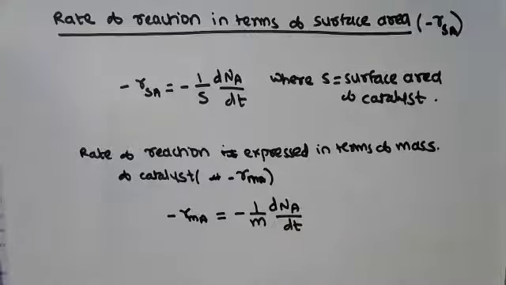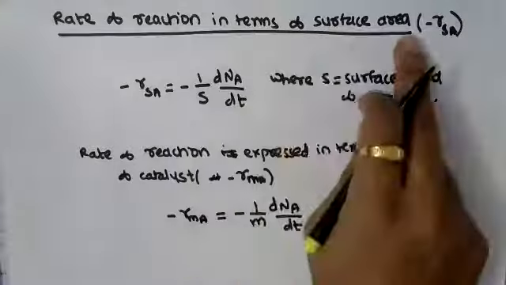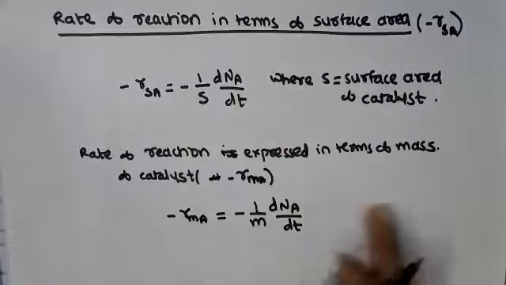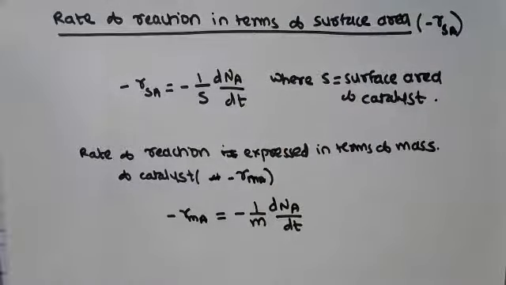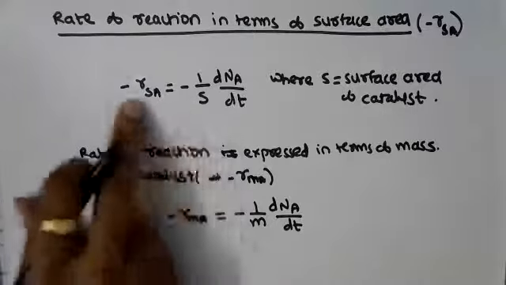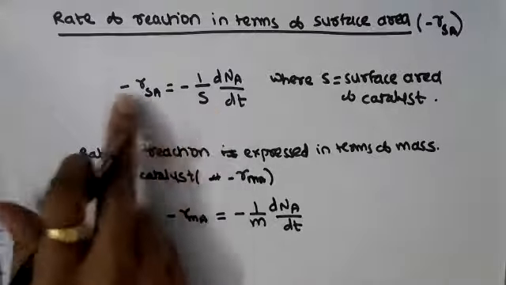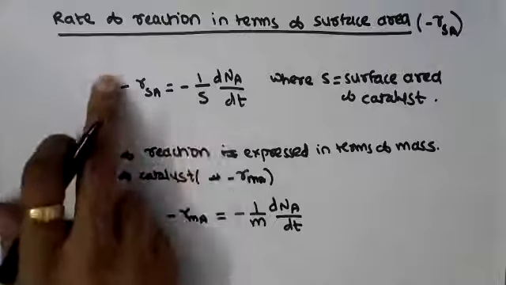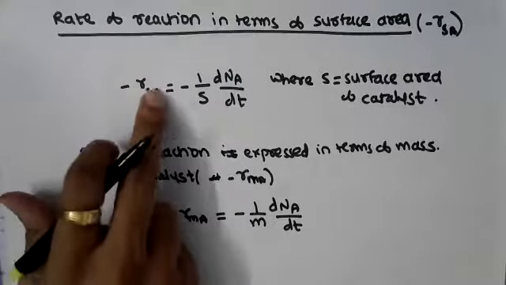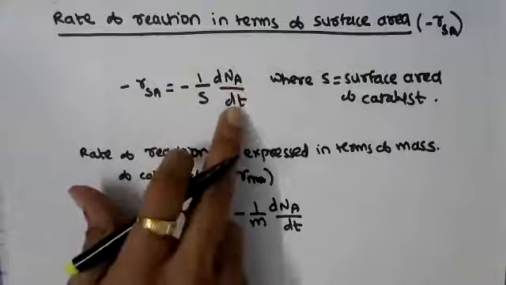So if I have to correlate the rates which are expressed earlier in terms of volume of reaction mixture, in terms of surface area, in terms of mass of the catalyst, you can equate the common term. If you transfer this S to this side, it will be minus RSA multiplied by S is equal to minus dNA by dt.